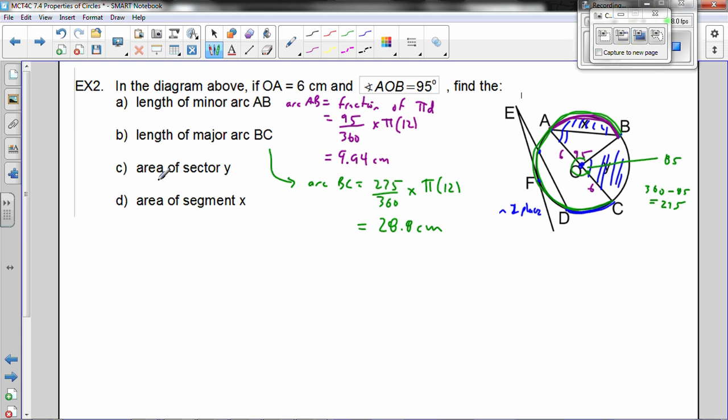The area of sector Y, well, we've done this too. A sector, this blue bunch in here, is just a fraction of the circle. It's not a quarter and it's not a sixth, but it is a fraction, right? So Y is equal to a fraction. Well, what angle was that? That was 85 degrees over 360, times the area.